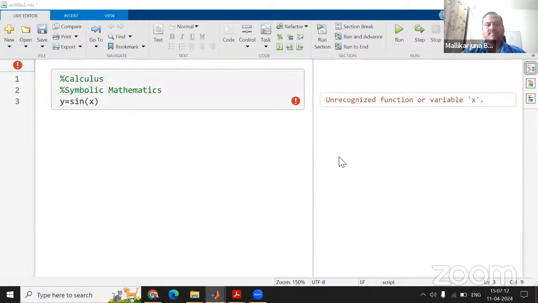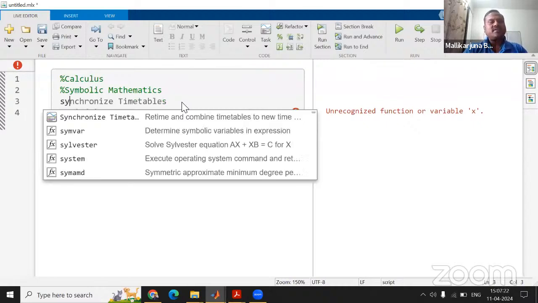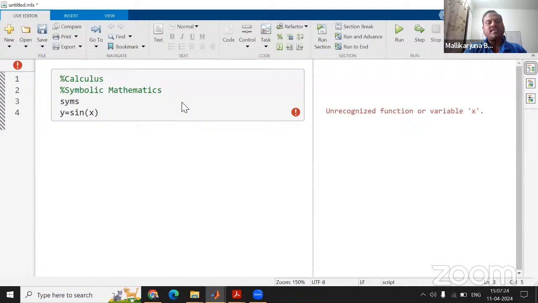So that means you need to define x, then only it will show. That is why this is the syntax syms, symbolic mathematics. Which variable are you defining as a symbol? x we are defining as a symbol.